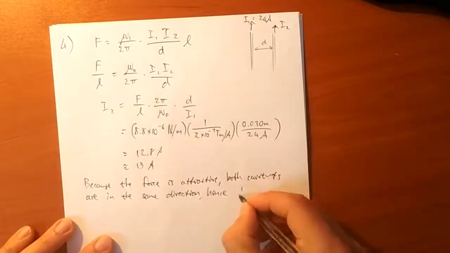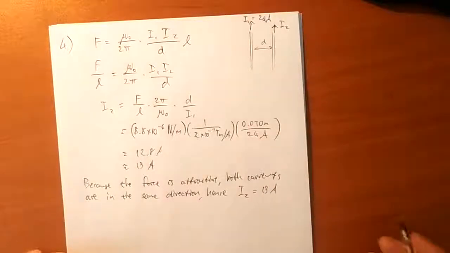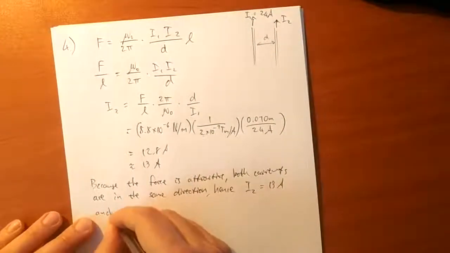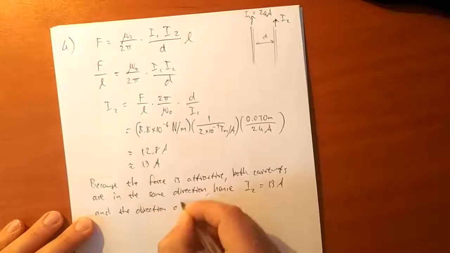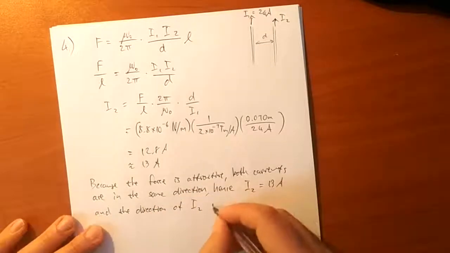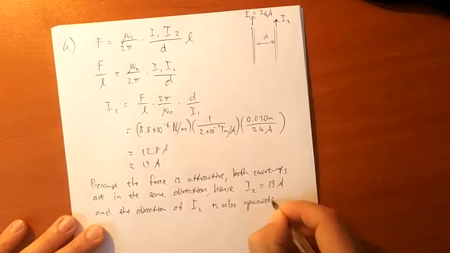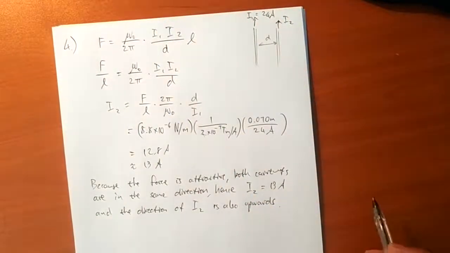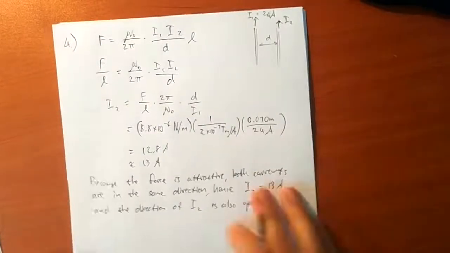I2 is equal to 30 amperes, and the direction of I2 is also upwards. Okay, I think that is perfectly fine, right, okay.